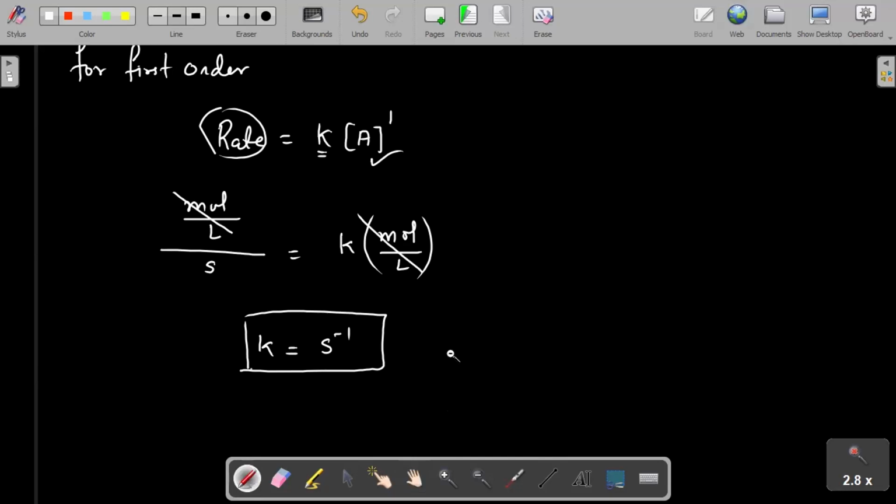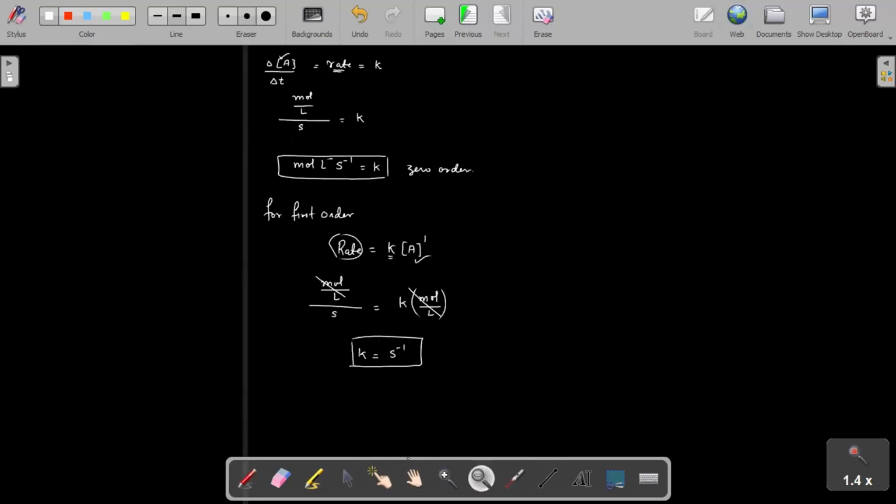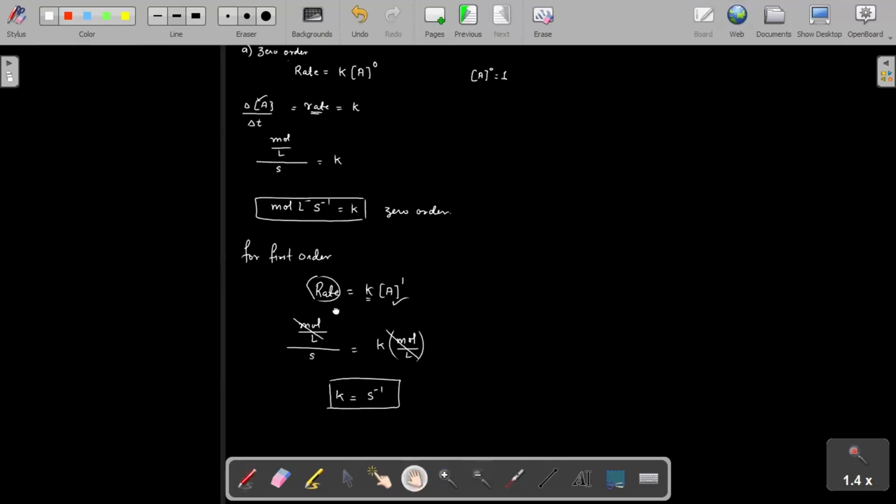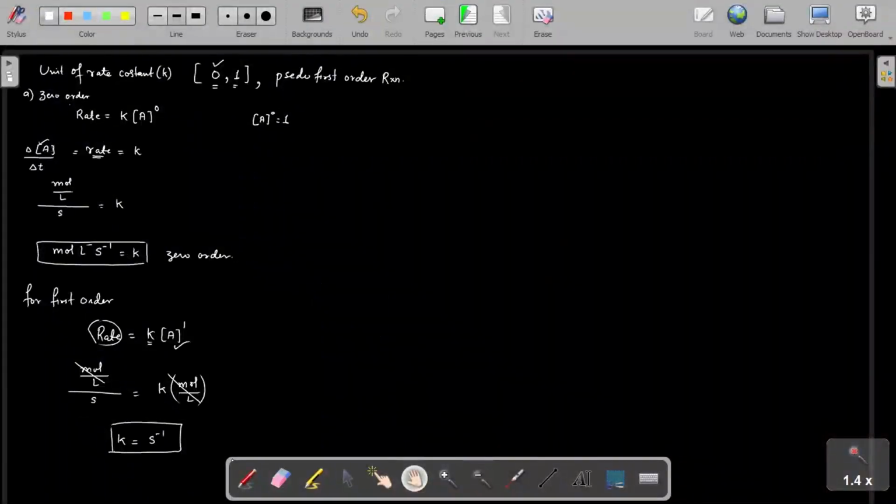So if I minimize this, instead of going with individual cases, you can directly write the unit of K is equal to (concentration, that is moles per liter)^(1 minus n) second inverse.